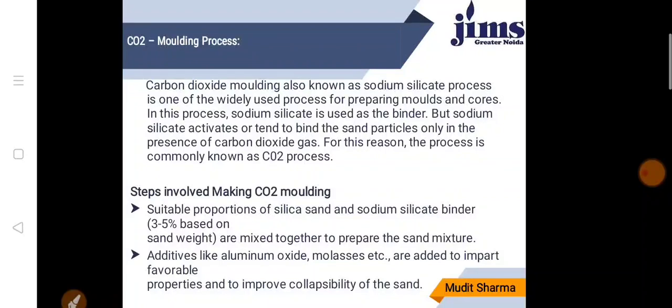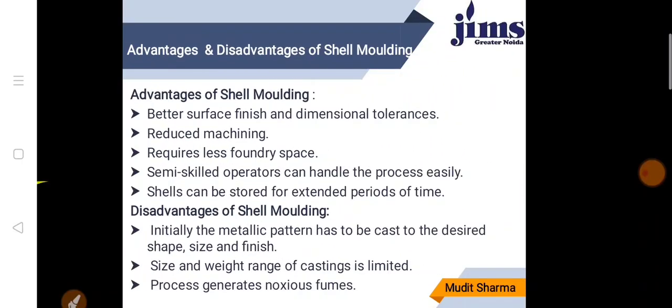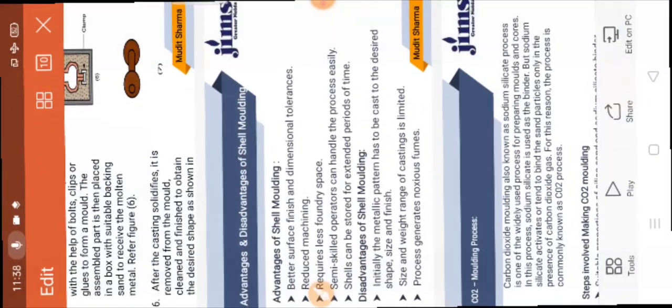A CO2 mold can be used for producing very smooth, intricate castings because the sand mix has very high flowability and fills up the corners and intricate contours. I hope you will understand with the help of this video.